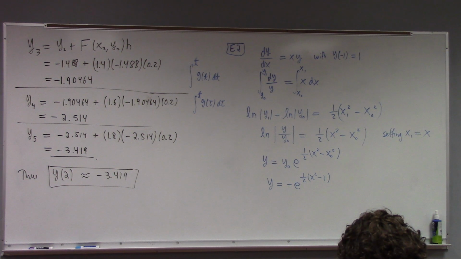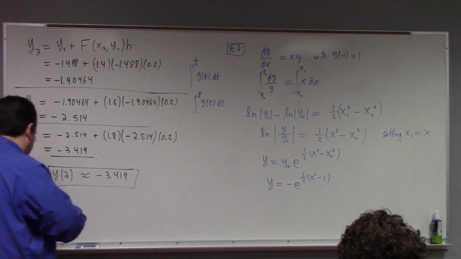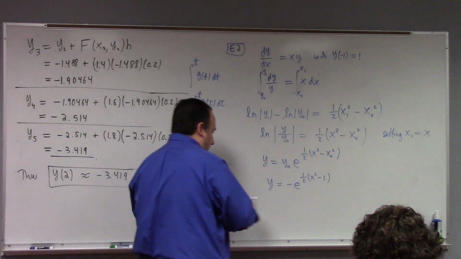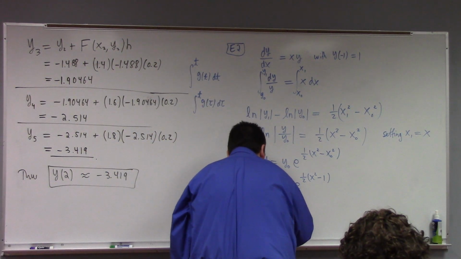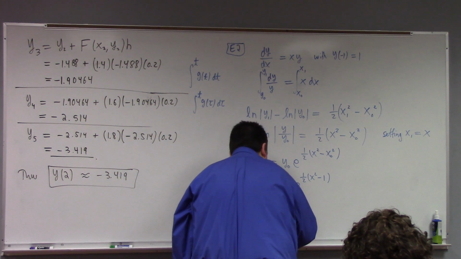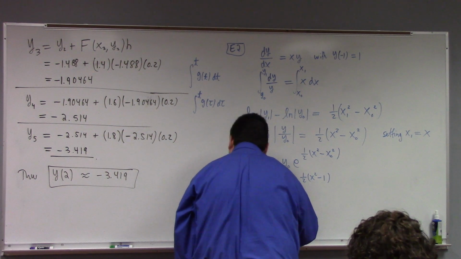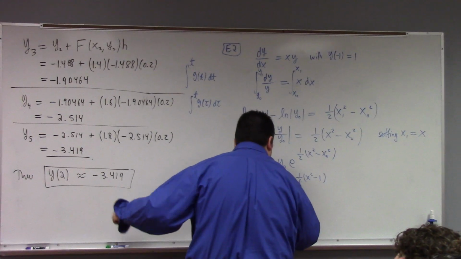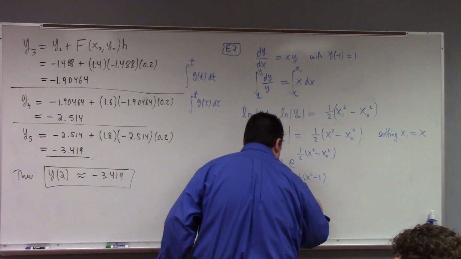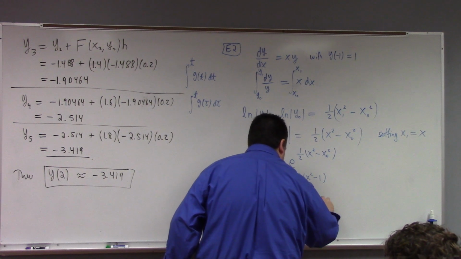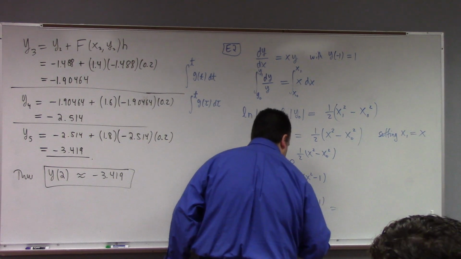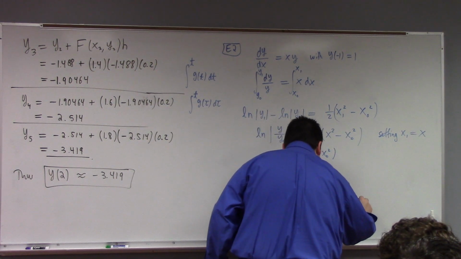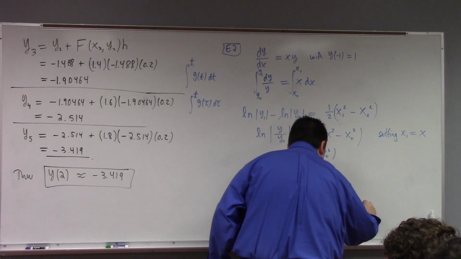And we can see how we did, right? We can compare the exact result with the approximation and see how we fared. So what is y of 2? This is supposed to be 2, right? So y of 2, what do you got? Minus e to the 1/2 times 4 minus 1. So we got minus e to the, apparently, 3/2. What's that equal to?